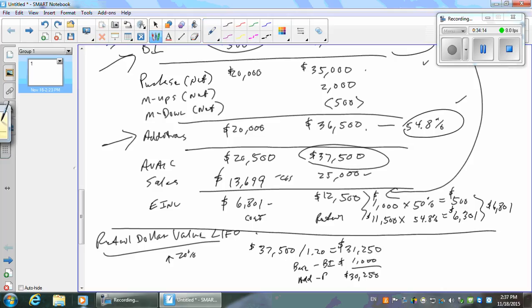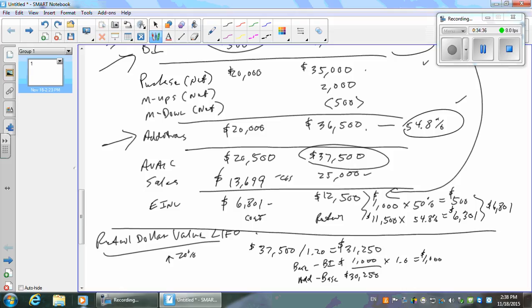And the assumption we're making here is that the 31,250 is at year-end dollars, which it would be, right? That's how you value it, okay? So I've got 1,000 left on the base, which would be times what? 1.0, right? That's my original layer. So that would be 1,000. Okay.